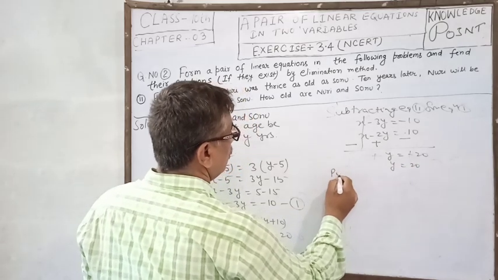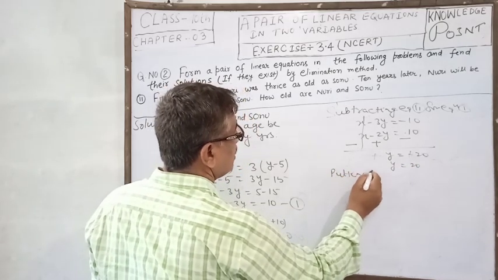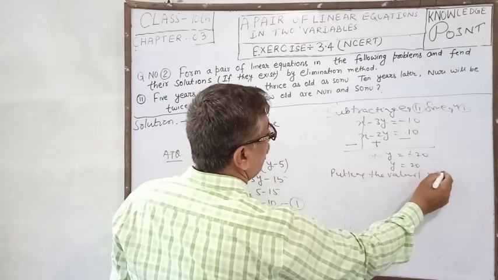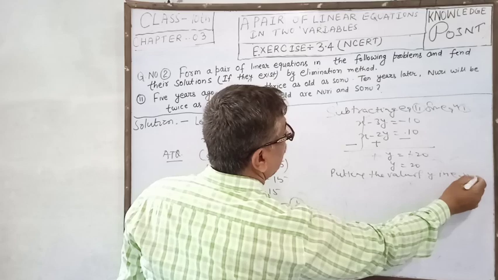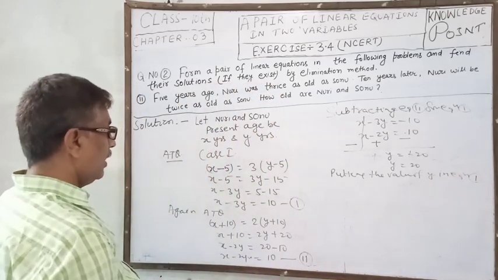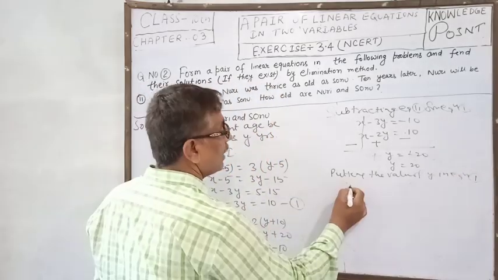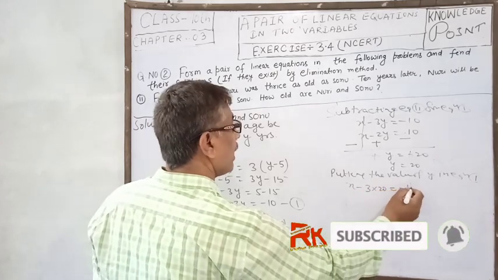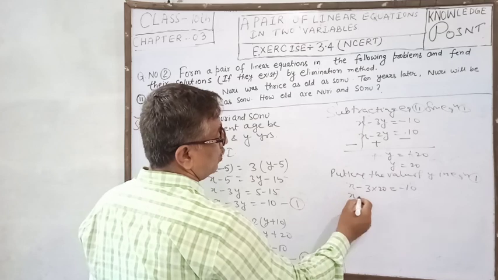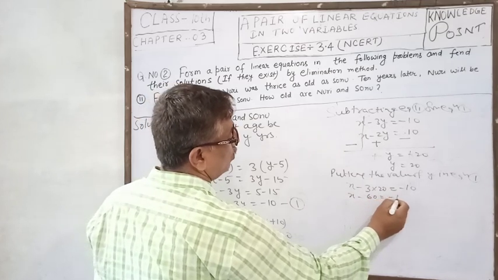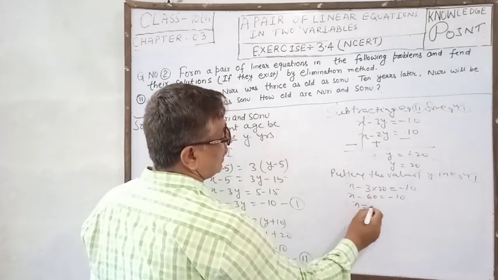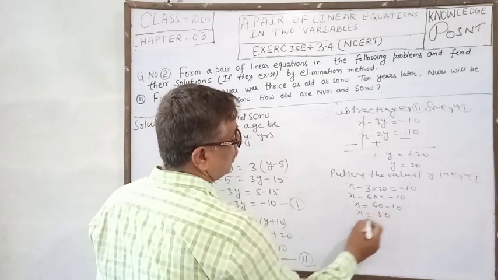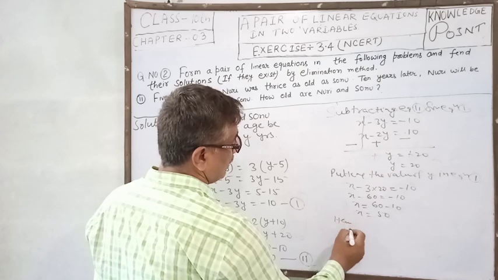Now putting the value of Y in equation first, X minus 3Y, 3 into 20, is equal to minus 10. So X minus 60 equal to minus 10. X equal to 60 minus 10. X equal to 50.